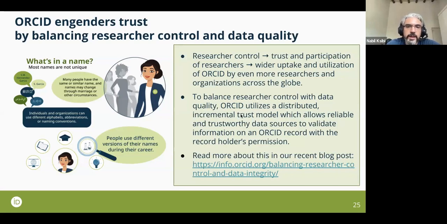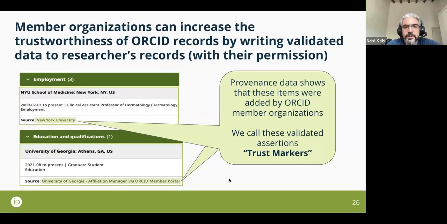And how are we doing that? Basically by asserting trust markers. So if a university is a member of ORCID, they will have the possibility to assert affiliation and also other activities to the ORCID record of their researchers, and we call those trust markers.